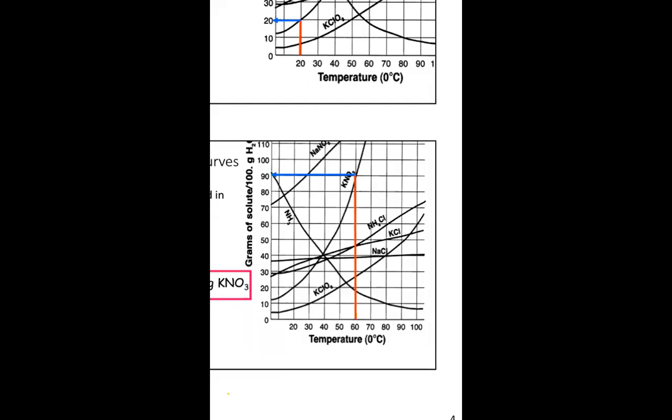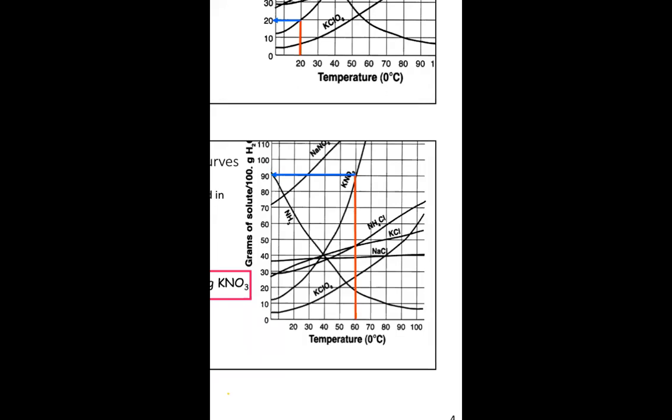So you point from 60, then you move upward until you get to KNO3 where the curve meets with 60. And then you move to the y-axis, and that's going to be 90. So this tells us that 90 grams of potassium nitrate is going to saturate or is going to be completely soluble in water at 60 degrees Celsius, right?